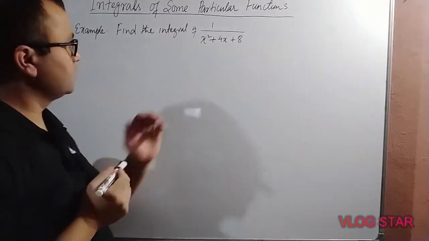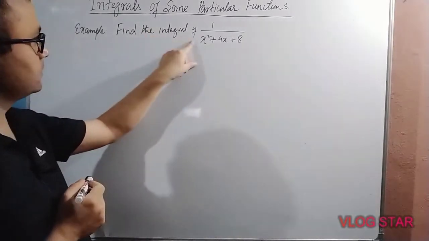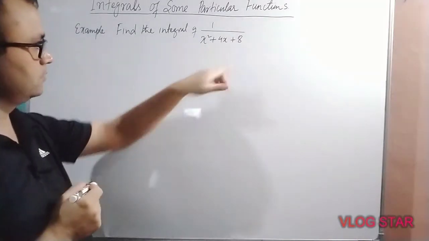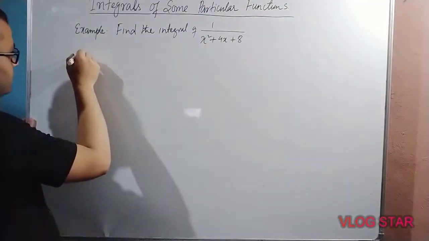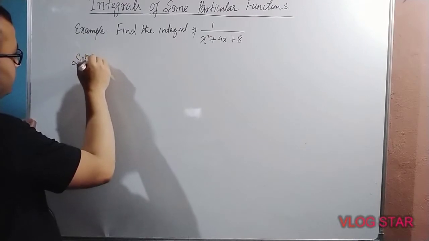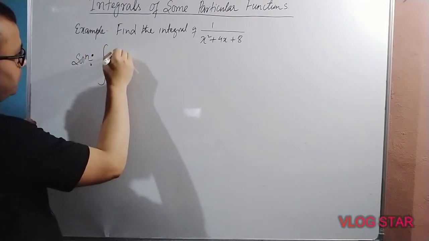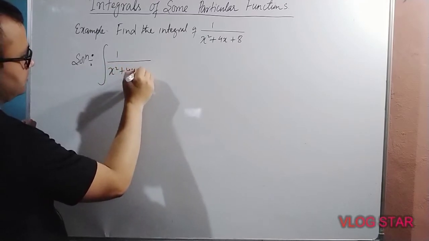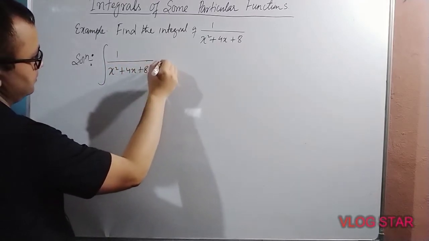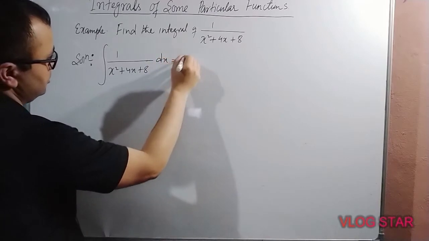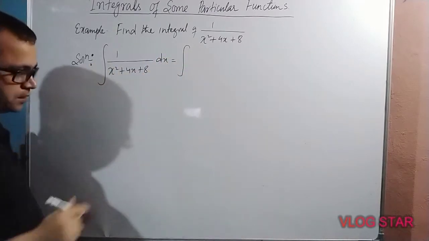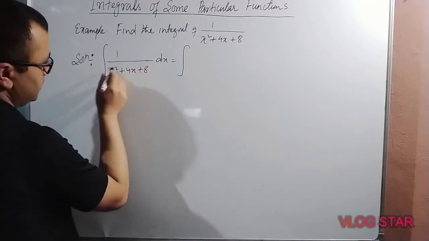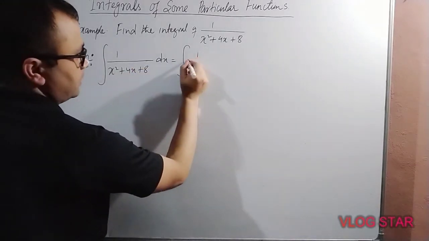Now the question is: find the integral of 1 by x square plus 4x plus 8. First we will write the given function in integral form, 1 by x square plus 4x plus 8 dx. Now apply the completing the square method.